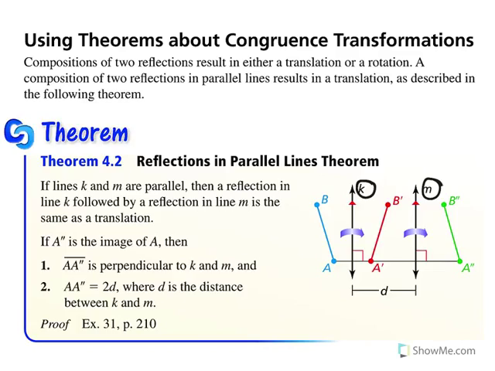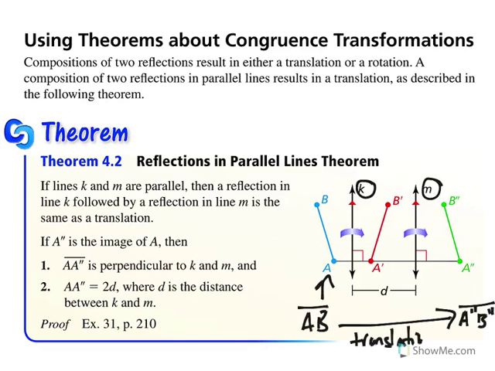So if I look just at this first line segment A, B, and I look at it going all the way to A double prime, B double prime, then this would result in a translation. If I look at it simply from that first set to the second one, if I take out that middleman and just skip from this first look of A, B to A double prime, B double prime.